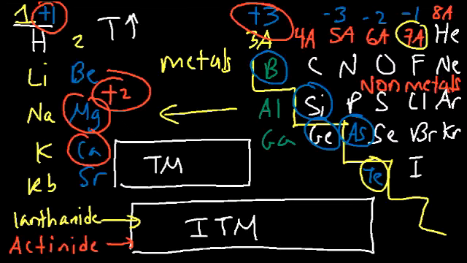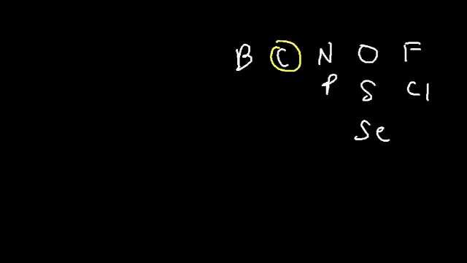Now, there are some other things I do want to mention about the periodic table. So let's say this is boron, carbon, nitrogen, oxygen, sulfur, selenium, phosphorus, fluorine, chlorine. Let's say you're given 4 elements: carbon, oxygen, sulfur, and fluorine. Which 2 of these 4 elements are most similar in chemical properties?